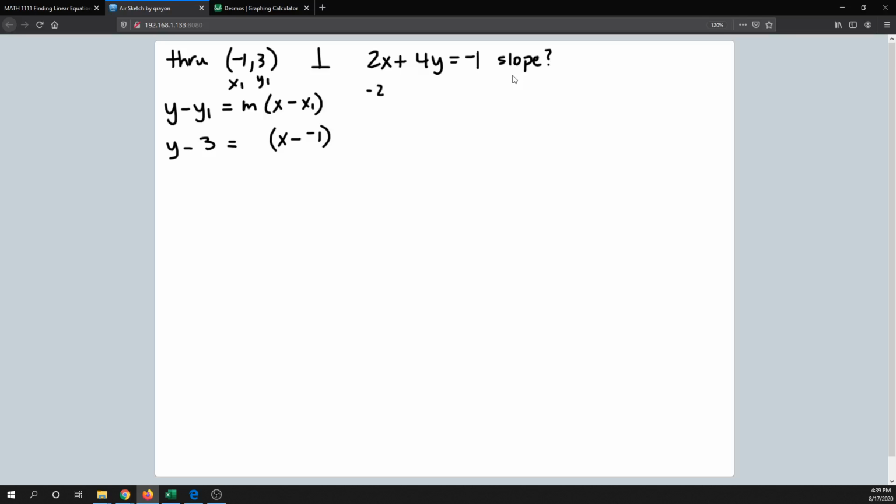So subtract 2x from both sides. So I get 4y equals minus 2x minus 1. And then divide each term by 4. So we get y equals negative 1/2 x minus 1/4.